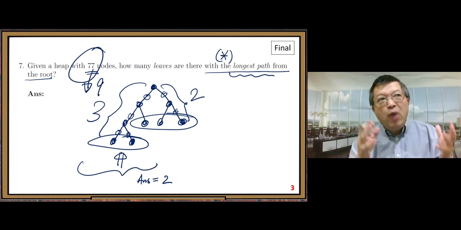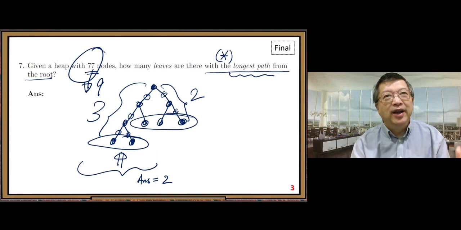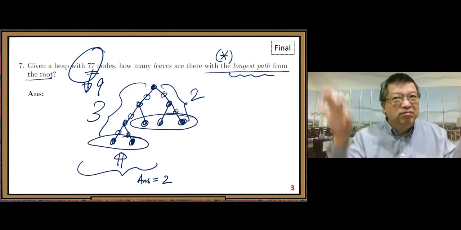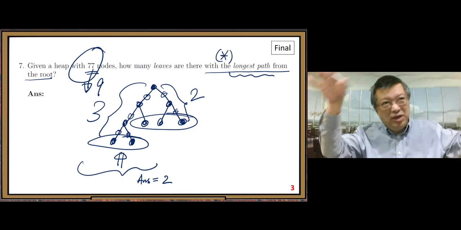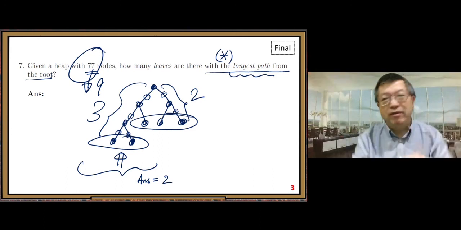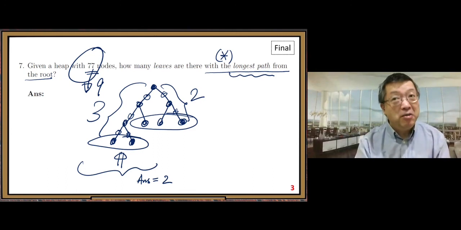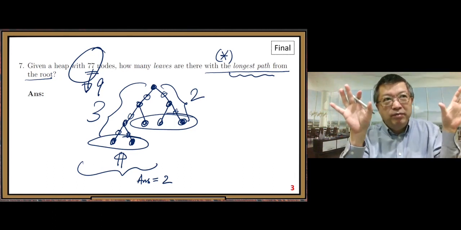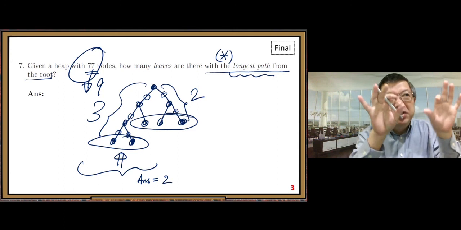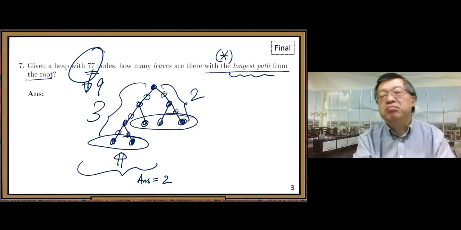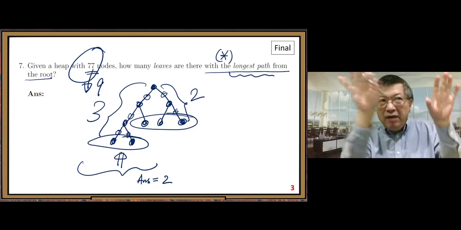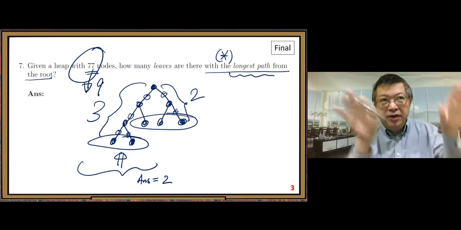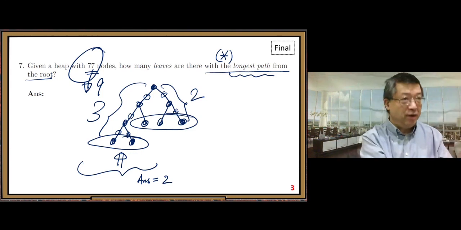Now, you need to work on the 77 nodes. 77, so this number is relatively big. You may not draw the complete binary tree because you need to do a lot of work. But you can imagine, you draw a diagram just to give you enough information. How many levels do you need to fill until the last level?